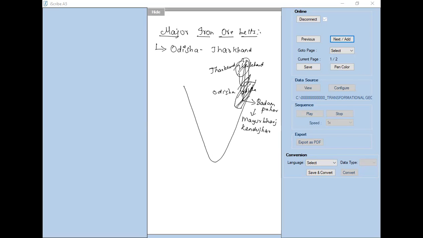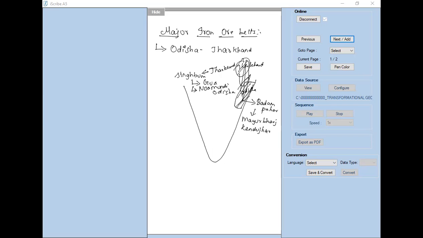In Jharkhand, what is the district where we have iron ore? We have Singhbhum district. In Singhbhum, there are two regions: one is Gua and then Noamundi.